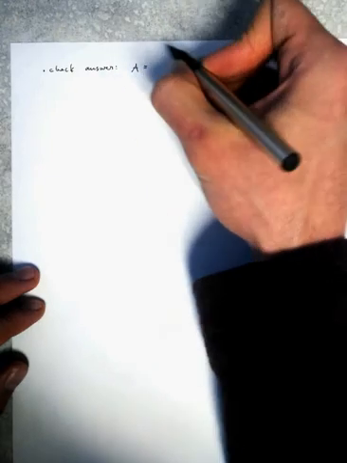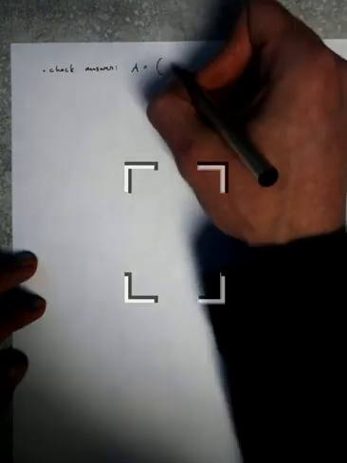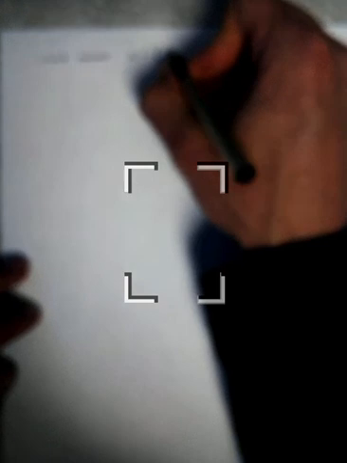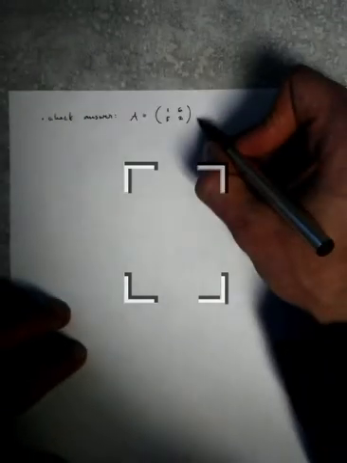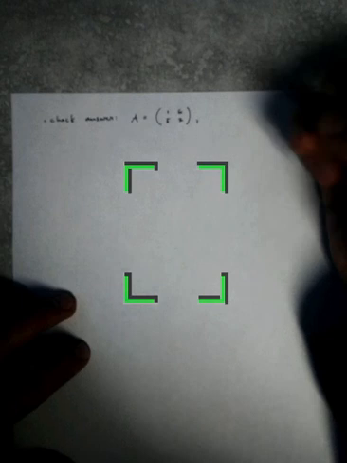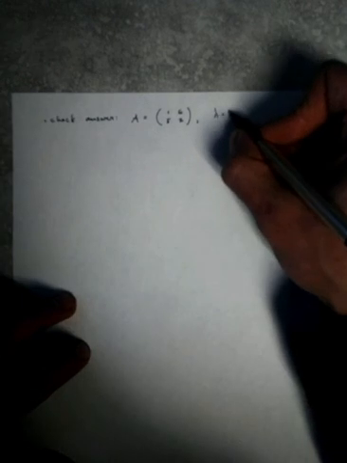Remember my A was [1, 5; 6, 2], and lambda was 7. And I just computed that the eigenvector was [1, 1].